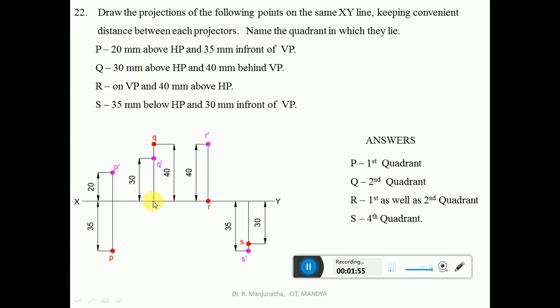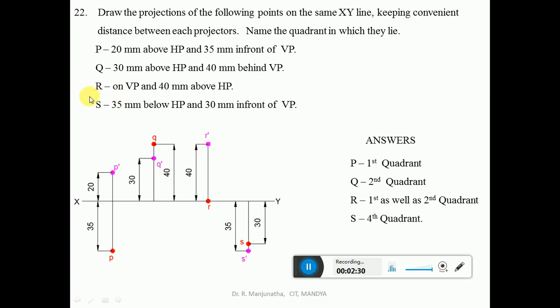So from the xy line you measure a distance of 30 mm and mark this point, which will be Q dash. Again, 40 mm behind VP will be seen in HP. From the xy line you measure 40 mm and mark this point, which will be small q, and show the dimensions of 40 mm and 30 mm. This is the vertical projector drawn at a convenient distance from the projector of P. So the point capital Q lies in the second quadrant.